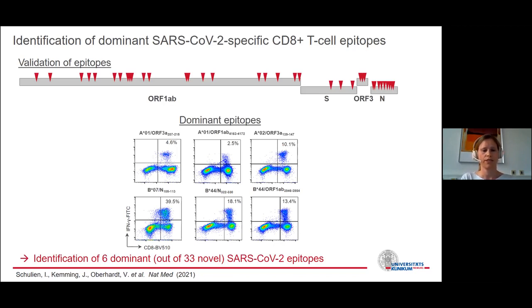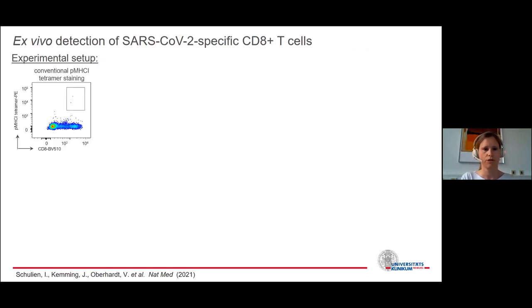Having these epitopes in hand, we generated so-called peptide-loaded MHC-I tetramers, a reagent with which you can detect the specific CD8 T cells targeting the specific epitope you generated the tetramer for.